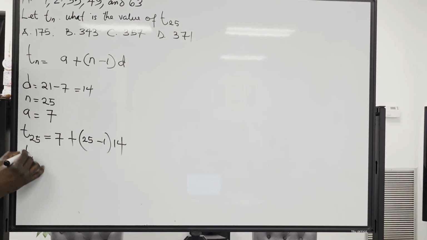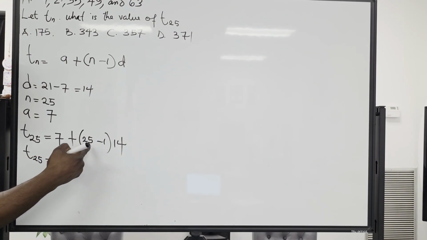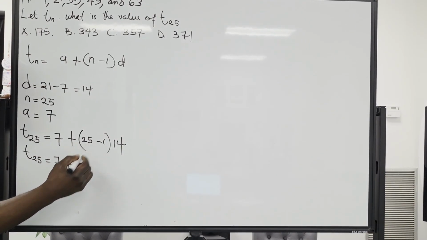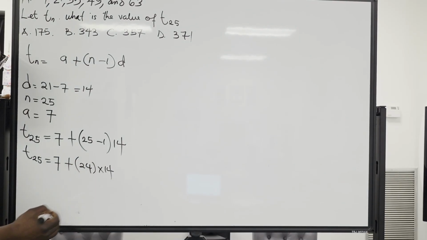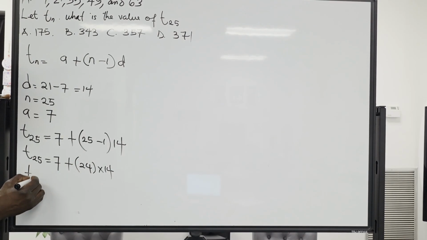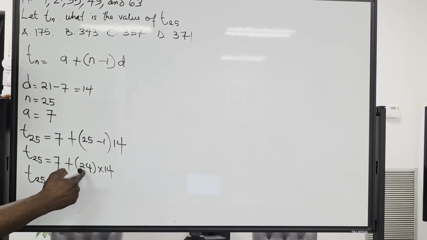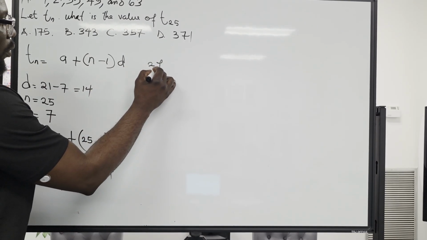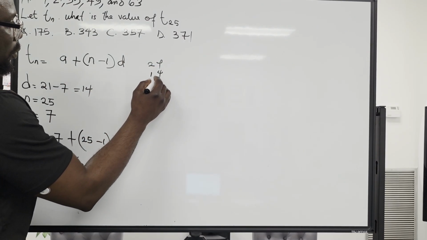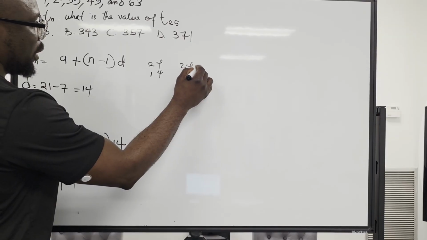So T25 is equal to 7 plus 25 minus 1, which is 24, times 14. Let's do 24 times 14.